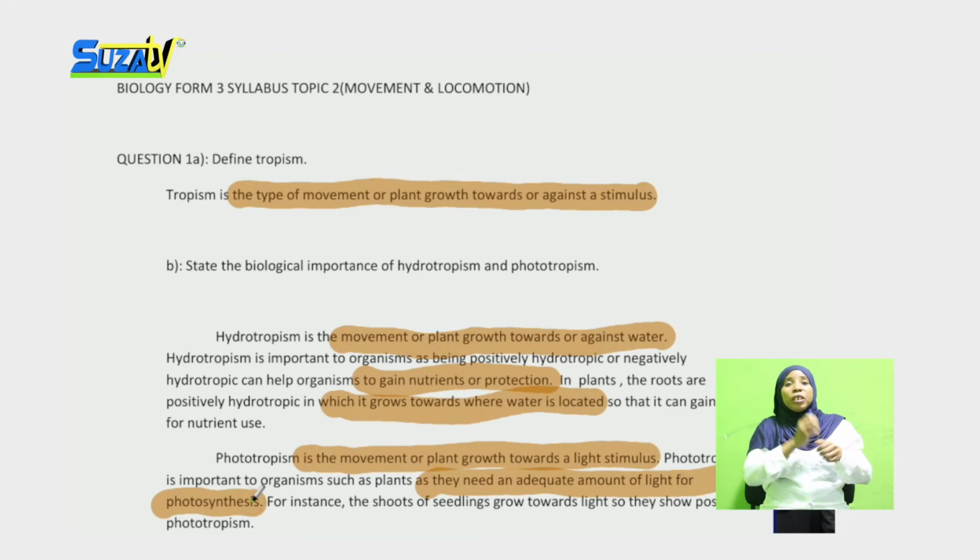Wherever the sun is, the sunflower faces the sun. There are other plants in which the leaves are directed in such a way that they gain maximum sunlight. So plants show positive phototropism.